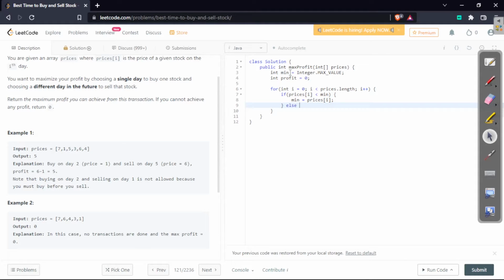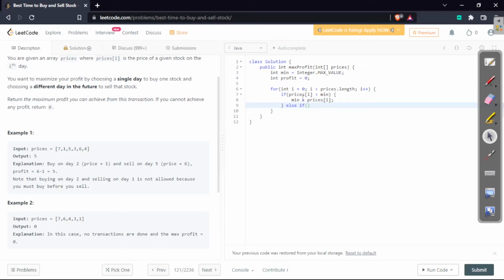Else, if subtracting the buy value from the sell value is greater than profit, then we will update profit.